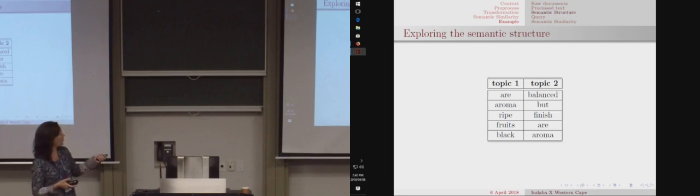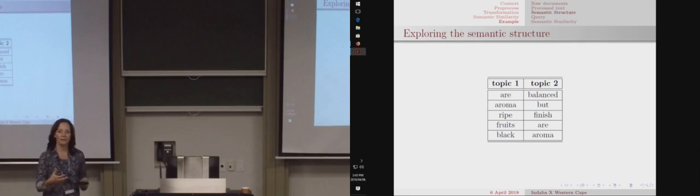You can see for topic 1, those are the top 5 words: aroma is second highest, then ripe, and then fruits. For topic 2, balanced is the top word. So that is the latent structure that came out of this corpus.